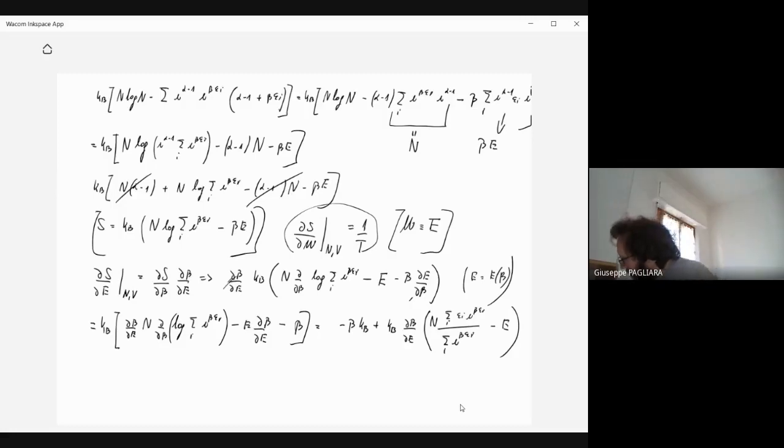Now it is easy to realize that it is actually zero, because remember that n was e to the alpha minus 1, the sum over i of e to the beta epsilon i.